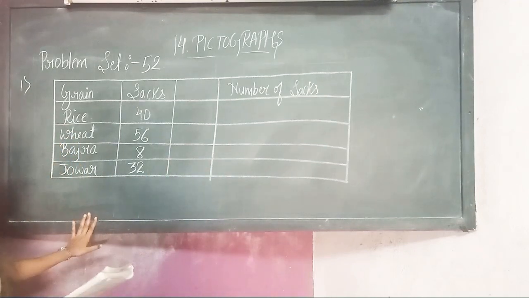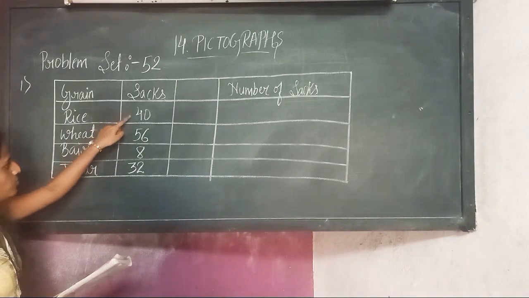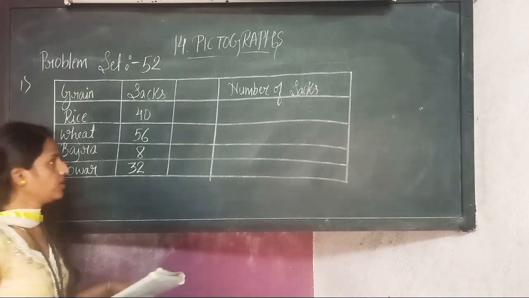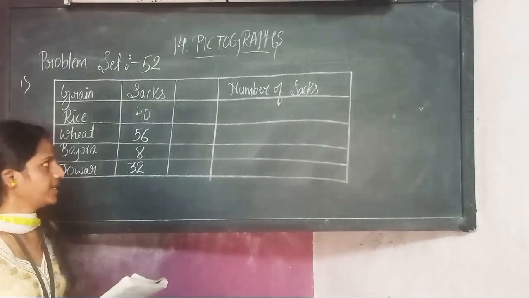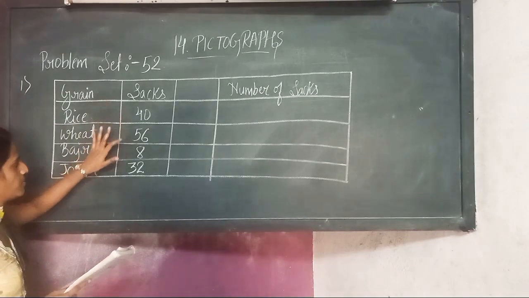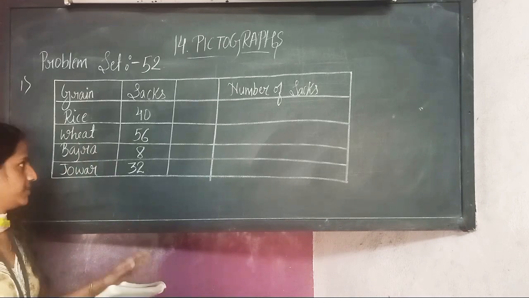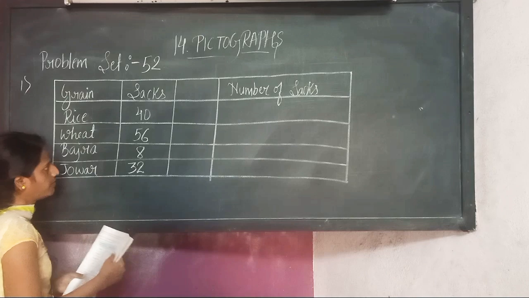Now before starting this, we have to see the numbers of sacks. What is given here? 40, 56, 8, 32. We have to check whether all these numbers are divisible by the same number. Yes, correct. All these numbers are divisible by 8, or these are all multiples of 8. They go in the table of 8. So here we are going to use the table of 8.